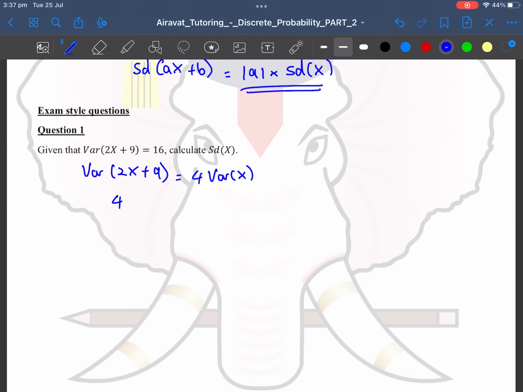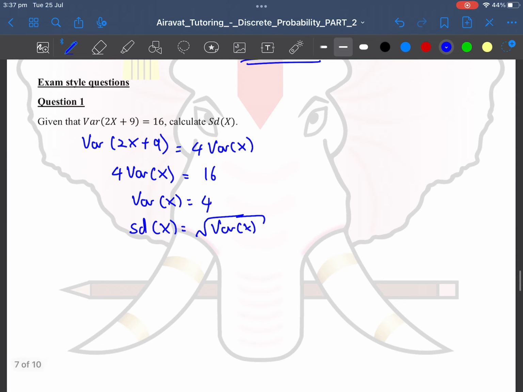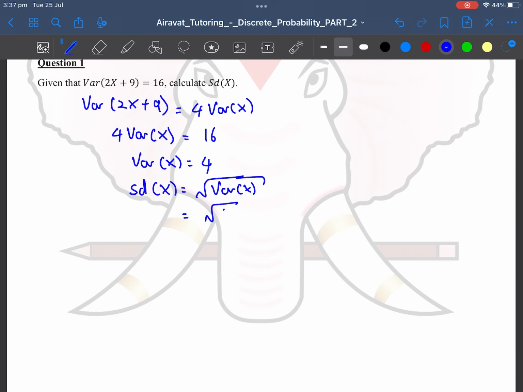Now 4 times the variance of x is going to be 16, so the variance of x is going to be 4. And standard deviation is the square root of variance, right? So the standard deviation is going to be the square root of 4. Therefore, the standard deviation is going to be 2. There you go.